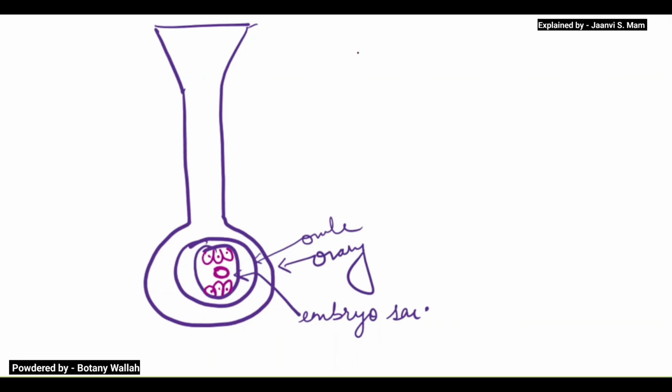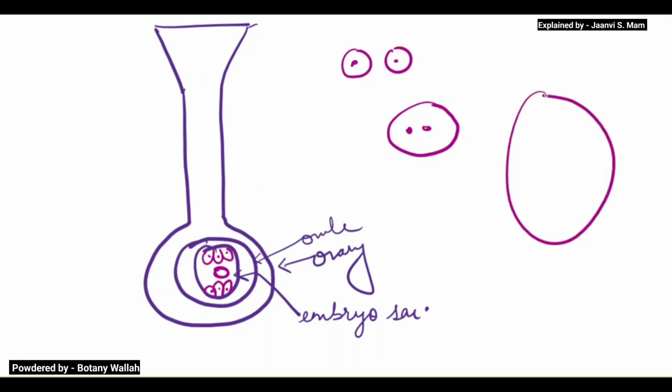The two cells will come, and they will fuse, but their nuclei won't fuse. These are the 2 cells which came from the 2 poles. Now this is one pole, and this is one pole. Here there were a total of 4 cells, and here there were a total of 4 cells.